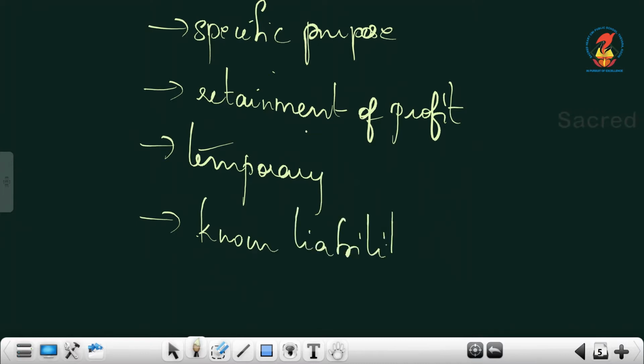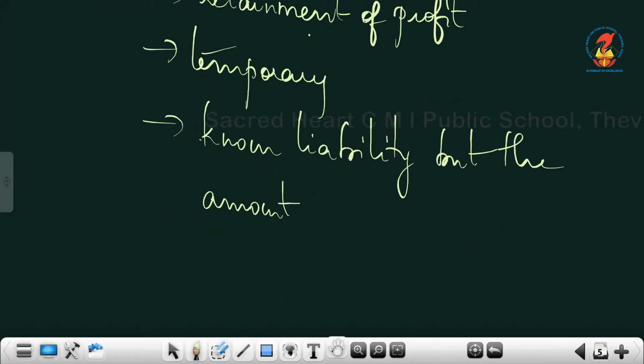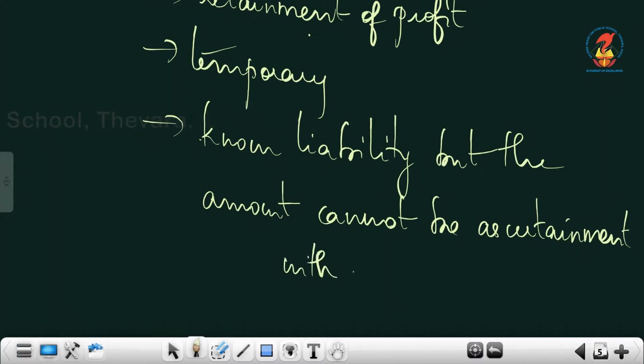That means it is a non-liability, but the amount cannot be ascertained with accuracy. It is for a specific purpose, the amount of which we cannot ascertain with accuracy.